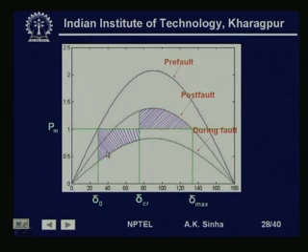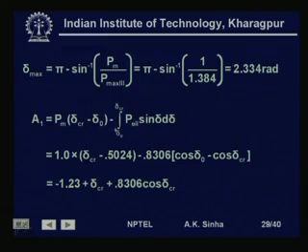That is, we are saying this rectangle, which is P_m into delta CR minus delta 0, subtract from this the area below this curve, which is again the integral from delta 0 to delta critical of this characteristic. So, we are writing this P_2 sin delta d delta. Okay. So, this is the accelerating area that we have.